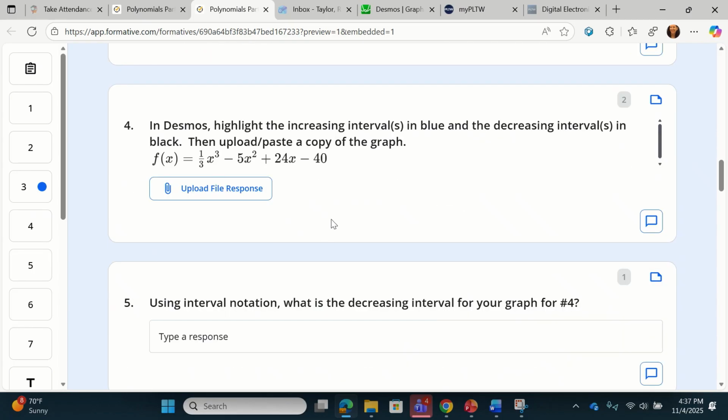Okay, next one. In Desmos, the sum one is increasing in blue and decreasing in black. So 1/3 x to the third minus 5x squared plus 24x minus 40. And we're going to do increasing in blue and decreasing in black. All righty, let's go do that.